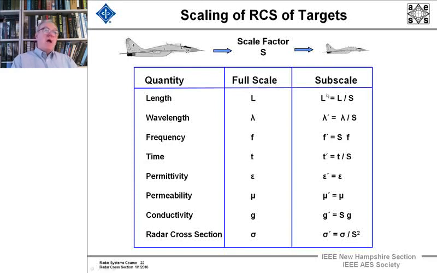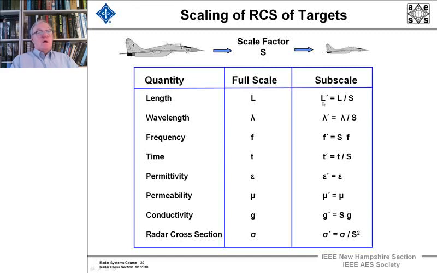So the primed numbers are the values you'd have to have for the scale model, multiplied or divided by this factor of 10 if it's a 10th scale model.